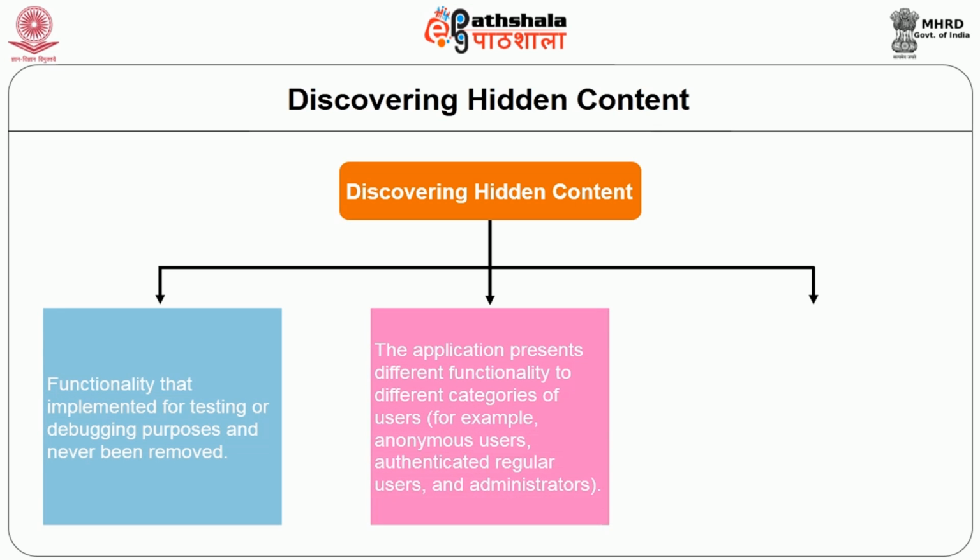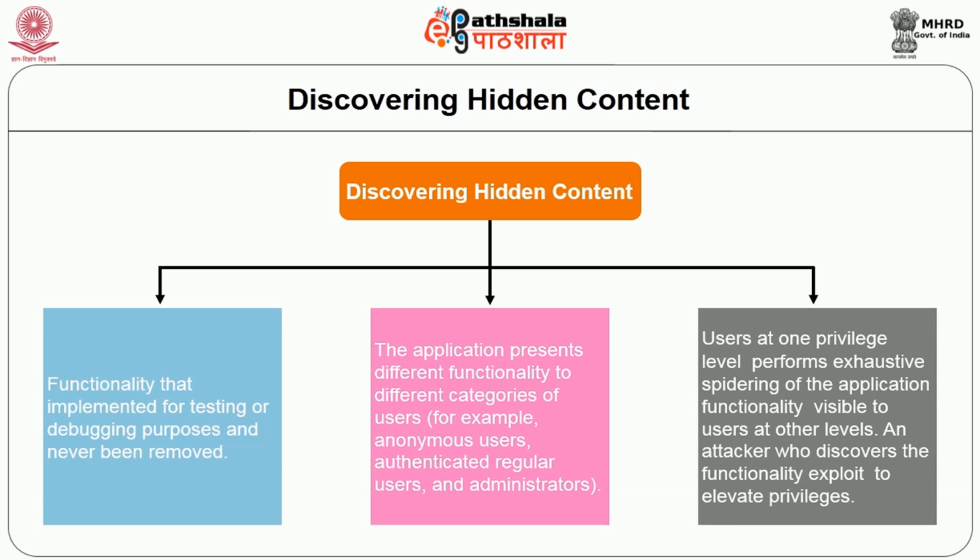Another example arises when the application presents different functionality to different categories of user. How many categories of users are there? Anonymous users, authenticated regular users, and administrators. Usually each one has a different access to different functionality.